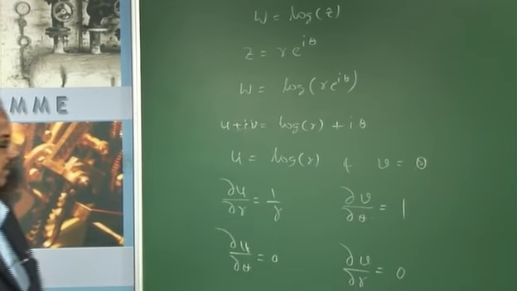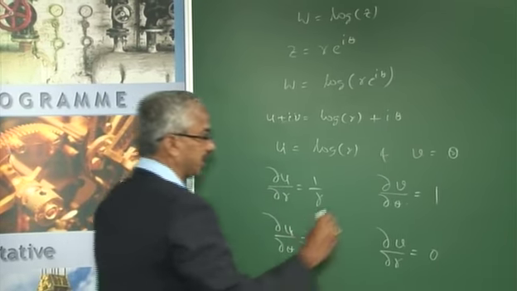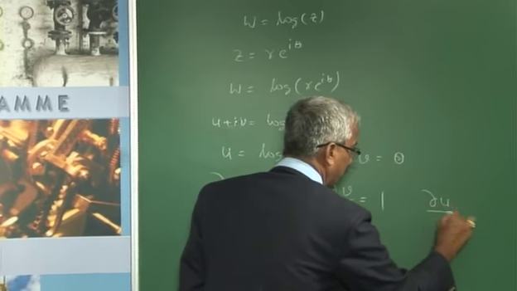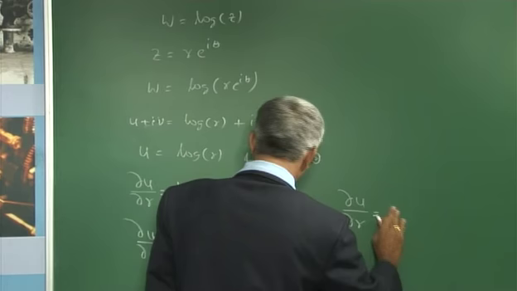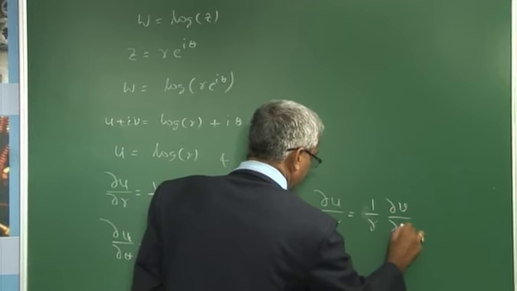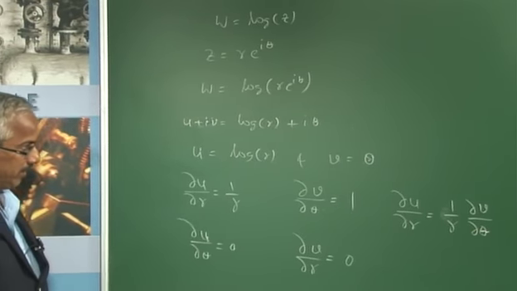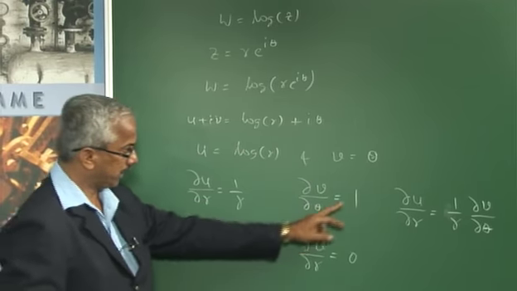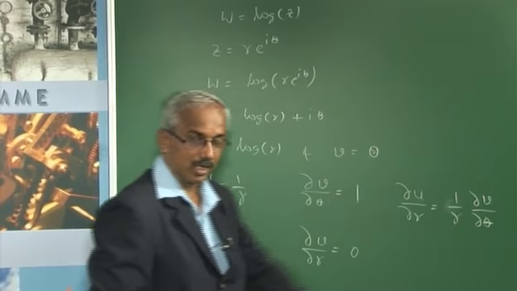Then check whether the CR equations are satisfied or not. Here, dou u by dou r is equal to 1 by r into dou v by dou theta. 1 by r is equal to 1 by r. Definitely it is satisfied, because dou v by dou theta is equal to 1 and dou u by dou r is equal to 1 by r, LHS is equal to RHS.